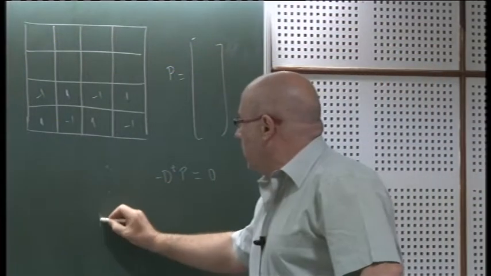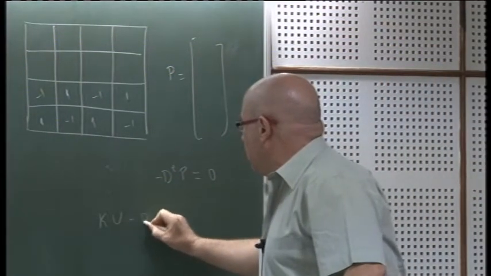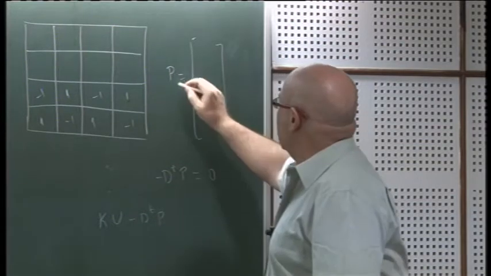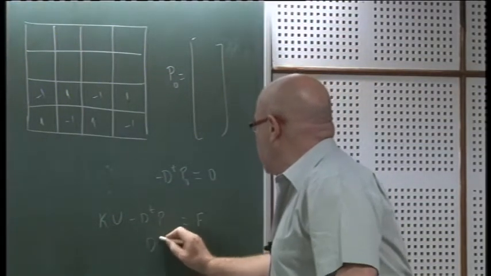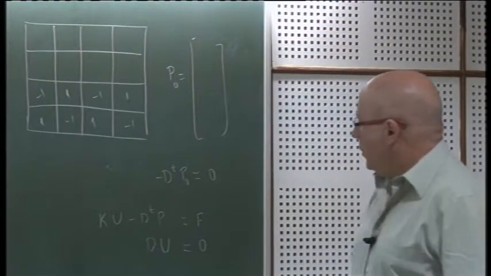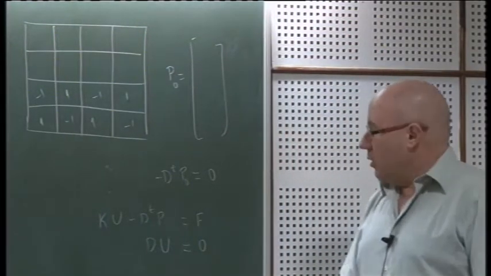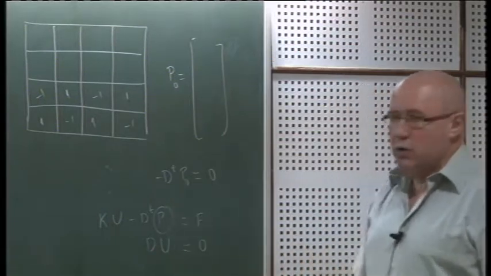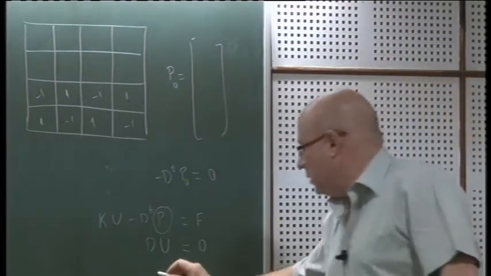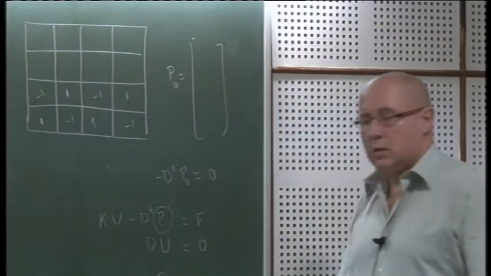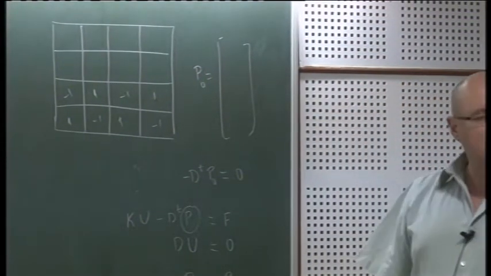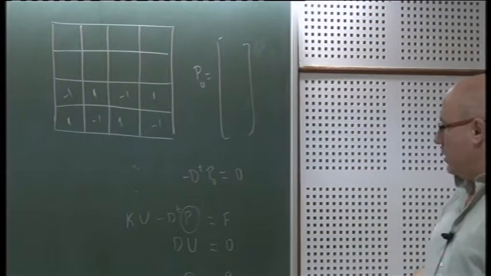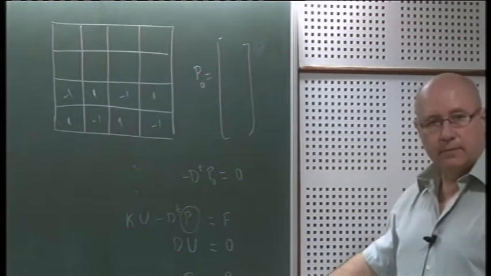What happens with this problem? KU minus D transpose P, let's call it P0, equals F, and divergence of U equal to 0. What happens with this problem? Of course, if you have a solution P, and you add any multiple of P0, that's going to be a solution again, because D transpose of P0 is 0.